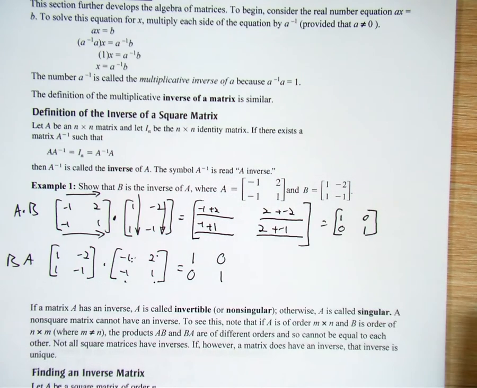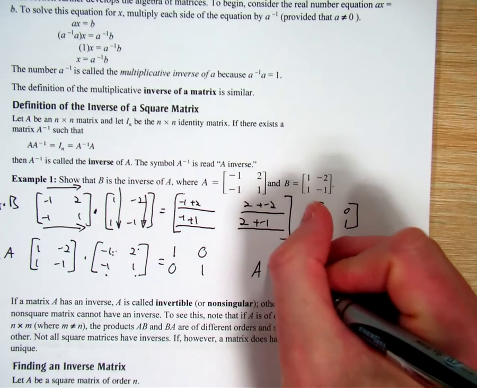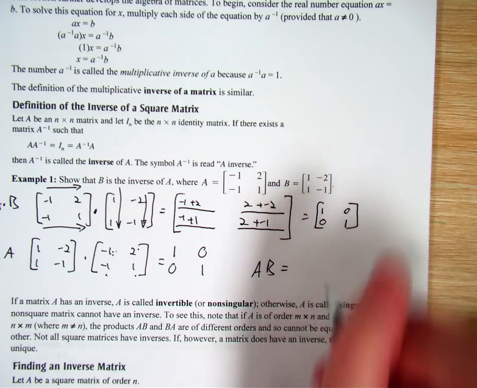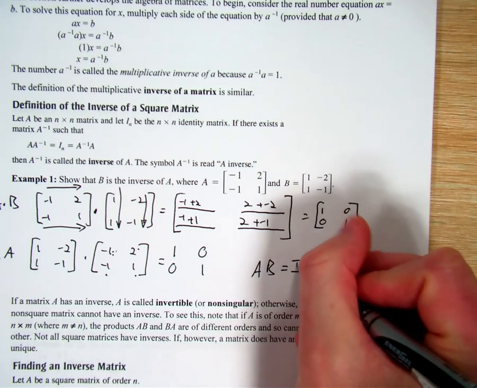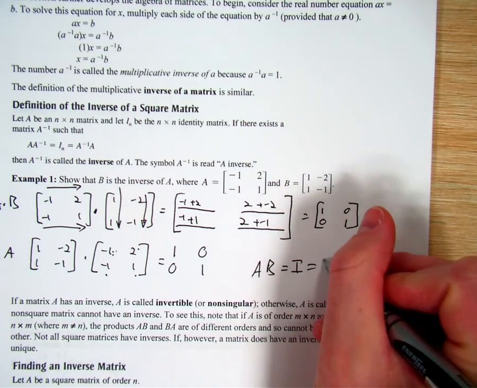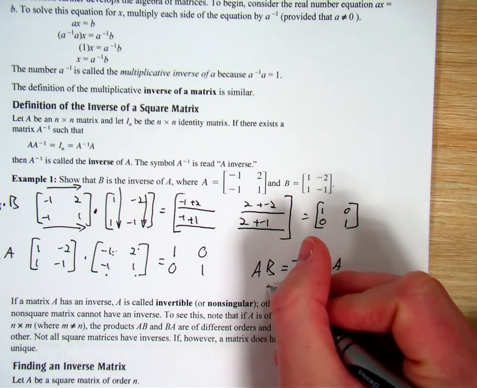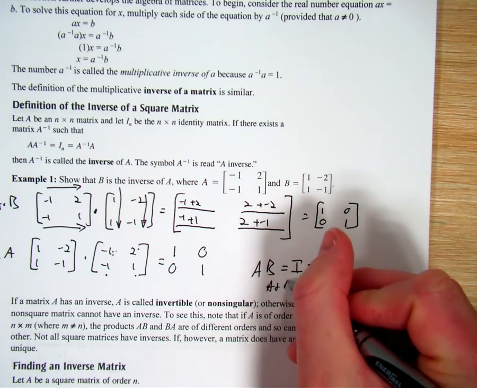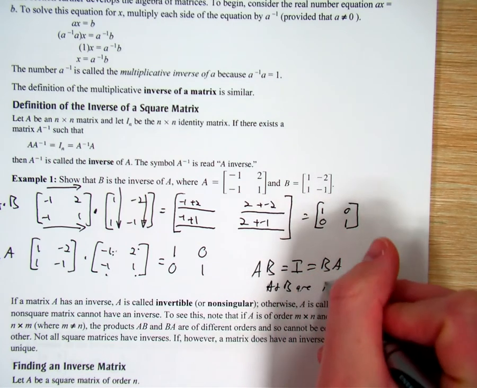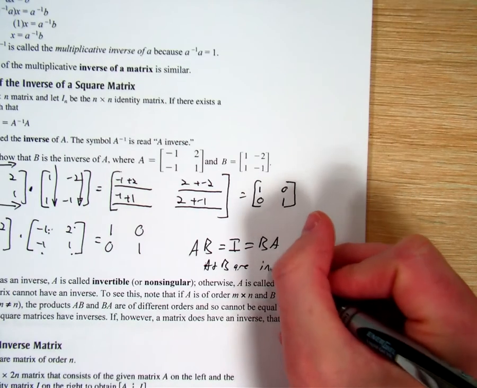So it works both ways, so they are inverses. So A times B equals the identity matrix. Same thing as B times A, so A and B are inverse matrices.